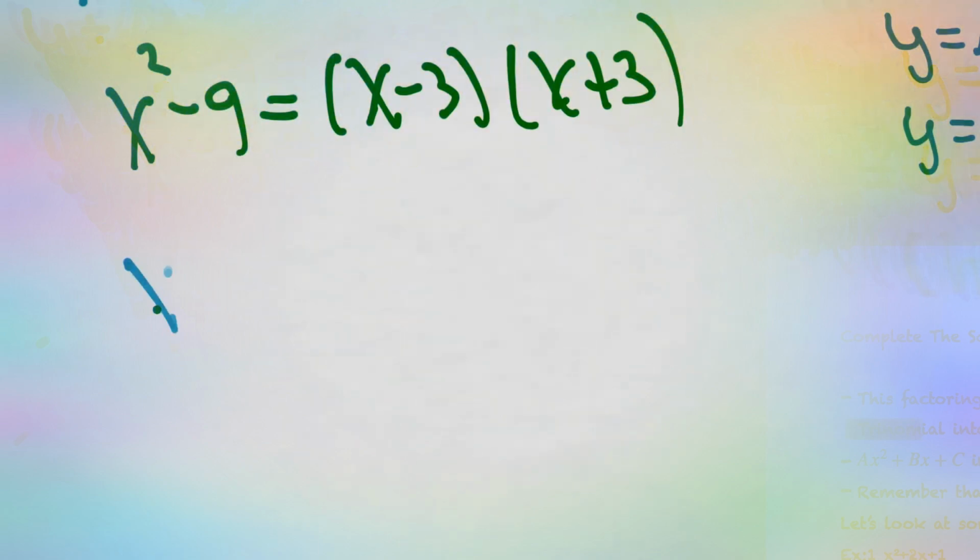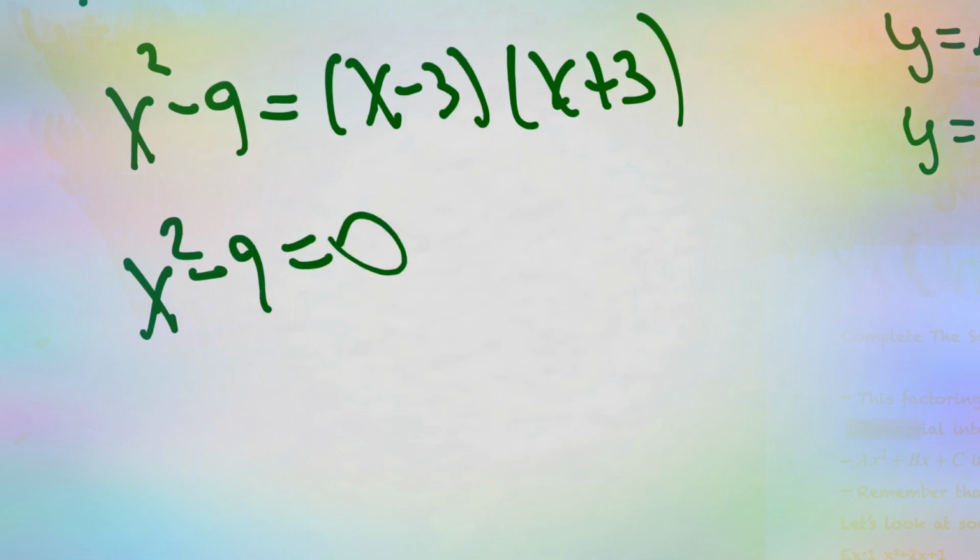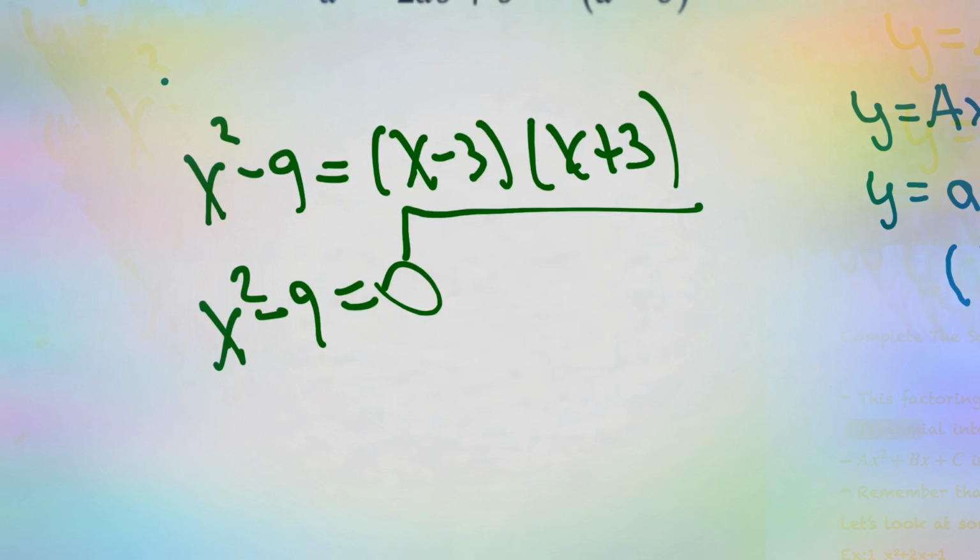If I had it set to 0, this tells me to solve for x, and so I would factor to find this out, but this is a difference of squares, and it's not completing the square. Because when we're talking about completing the square, we're talking about a perfect square trinomial.